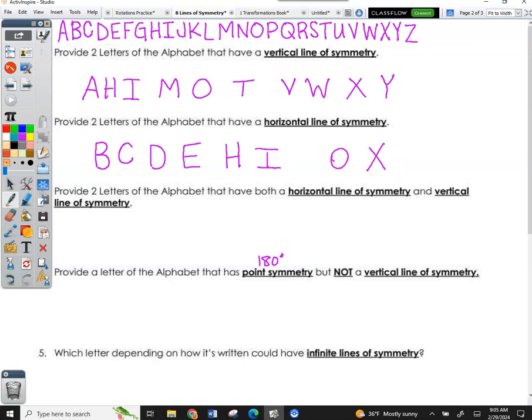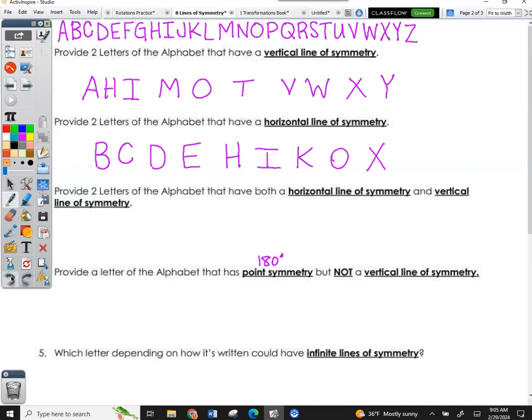I don't know. Might argue this one. I guess it depends on how you write your K. If you write the K in a way to try to be symmetrical, like you could fold that down and it would match.